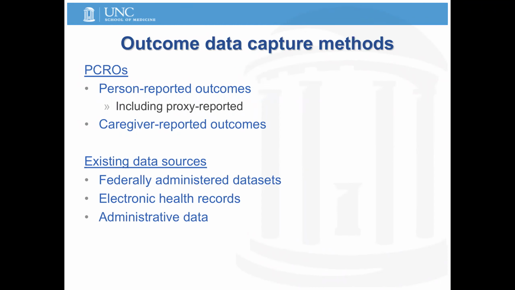So just to give a kind of overview of data sources for outcomes and methods for data capture, I wanted to draw your attention to thinking carefully about patient and caregiver reported outcomes, which really are the primary data capture method for person-reported outcomes or caregiver-reported outcomes that detail the lived experience of dementia or caregiving for dementia, and contrast those with data capture from existing data sources that would include federally administered data sets, electronic health records, and administrative data sources.